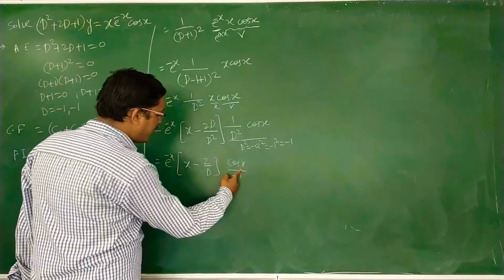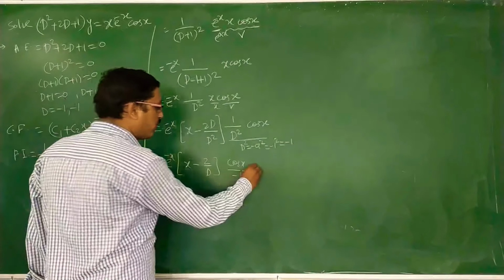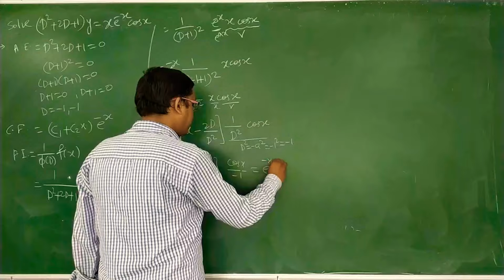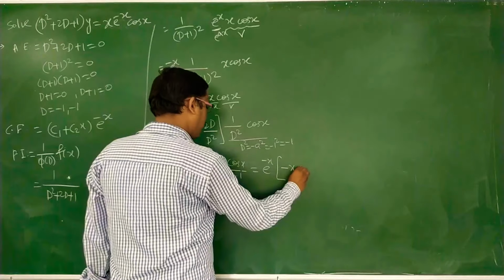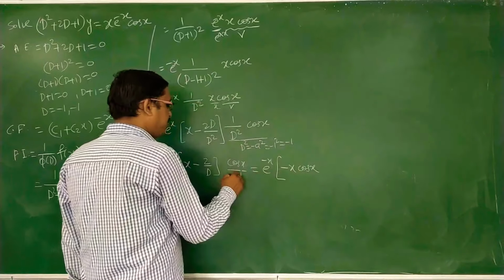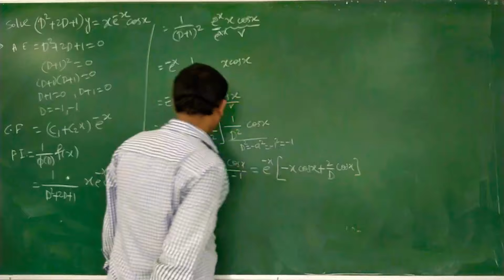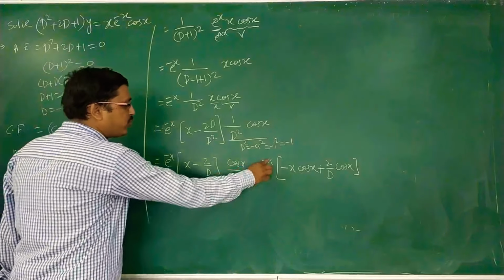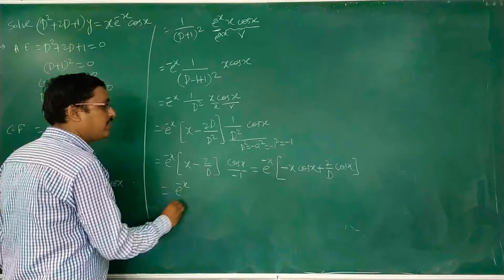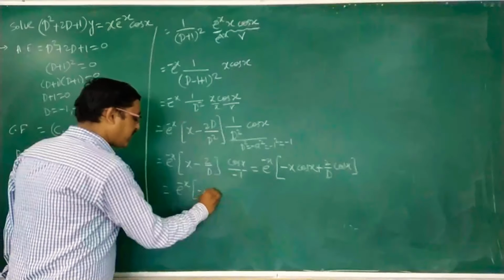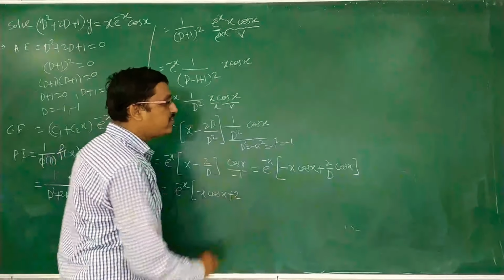Now multiply this -cos x inside the bracket, so we will get e^(-x) times the bracket (-x cos x), and this -cos x with the minus sign becomes +2/D cos x. This equals e^(-x) [-x cos x + 2 (1/D) cos x].